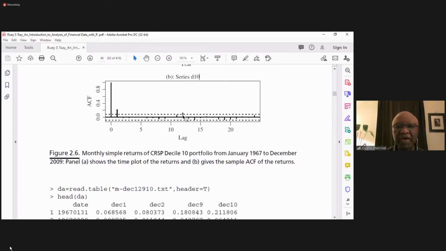Because if those two were inside the dashed lines, then we can say at 95% confidence, or at a 5% level of significance, that this series is a white noise. If lag 1 and lag 12 were between these two dashed lines, then we can say statistically this series of returns is a white noise.